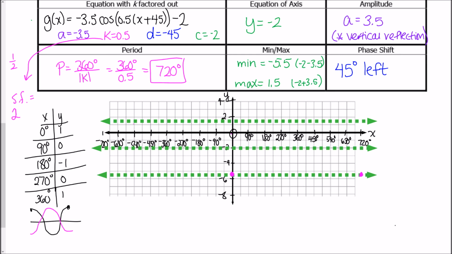It also means that it will reach our maximum. Normally it would reach our minimum at the halfway point. Now it's going to reach the maximum at the halfway point right here, so we'll put our dot right there. And then for the first quarter right here, it always reaches the axis halfway in between.